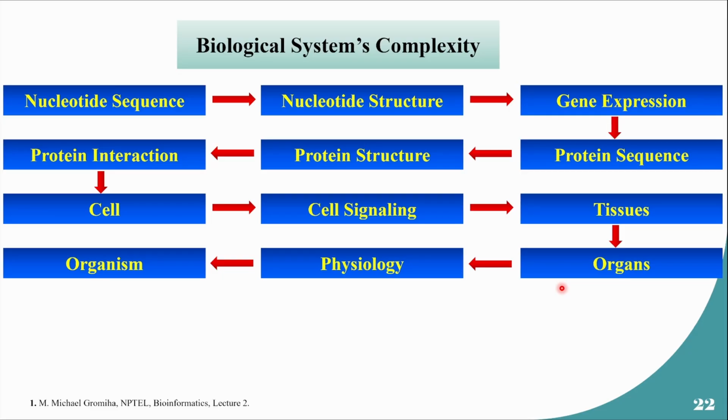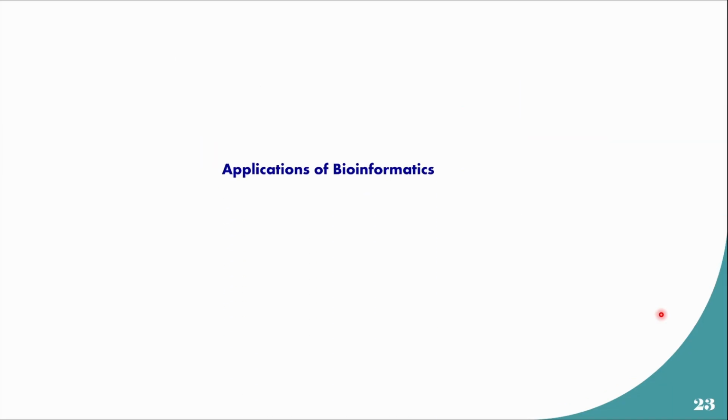And in all of these different levels of biological complexity, we can implement the concepts of bioinformatics, or the analysis of such, to infer something meaningful. Basically, you can build a model to predict something or get insights into something from all of these different levels. So that is what this slide was trying to say.